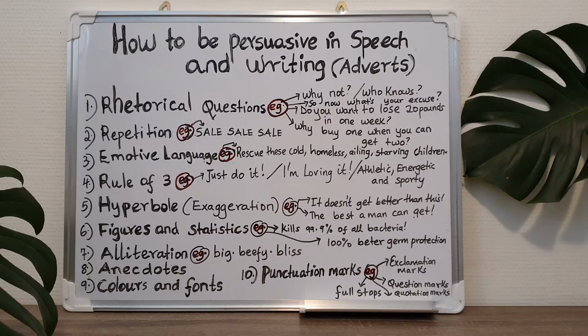Why buy one when you can get two? So all these are examples of rhetorical questions which you could use in your adverts or in your speech if you're trying to convince your audience.